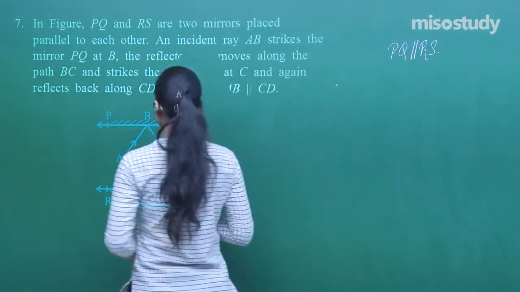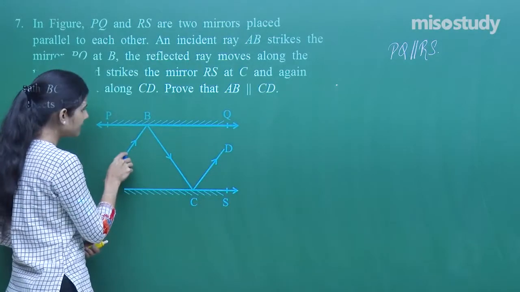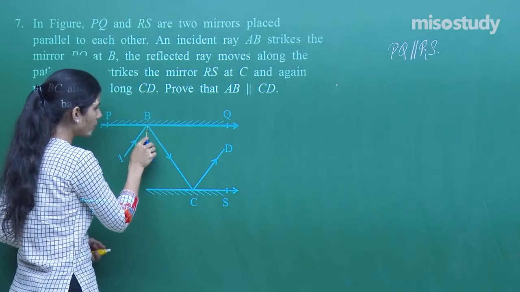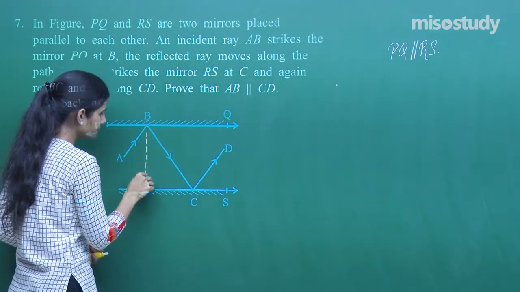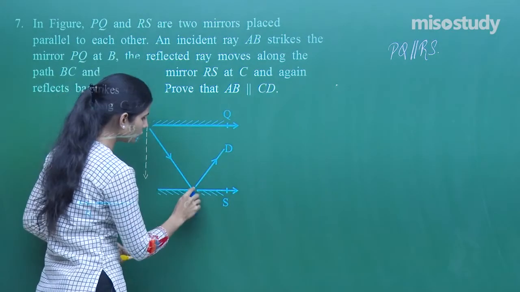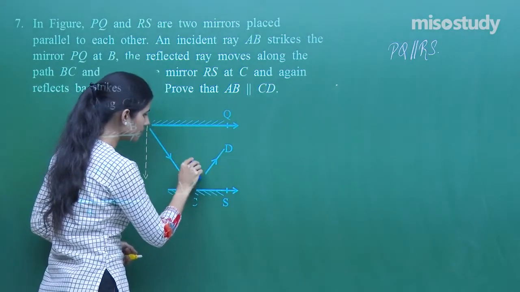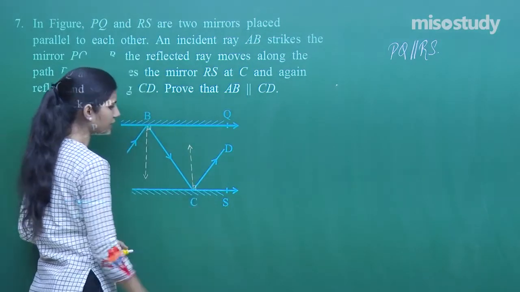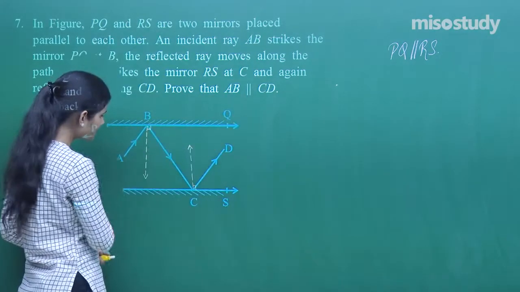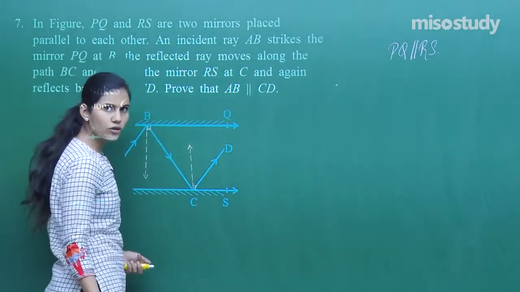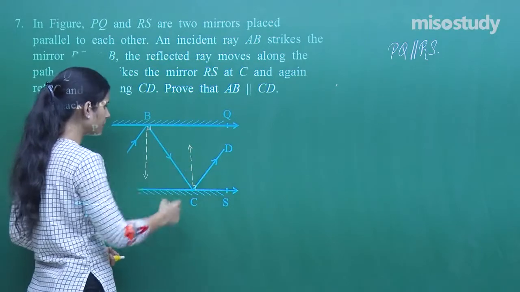So what I do is, you all know this is the incident ray, this is the reflected ray. Draw the normal. This is now the incident ray, this is the new reflected ray. Draw the normal. This is obviously perpendicular, this is obviously perpendicular. If this line is parallel to this complete line, then even this perpendicular is parallel to this perpendicular, not a problem. This is perpendicular to this.